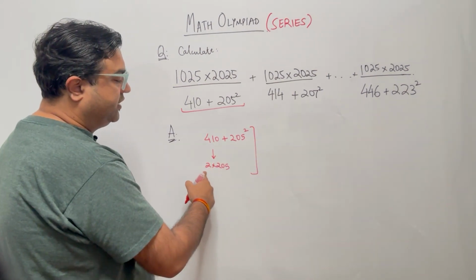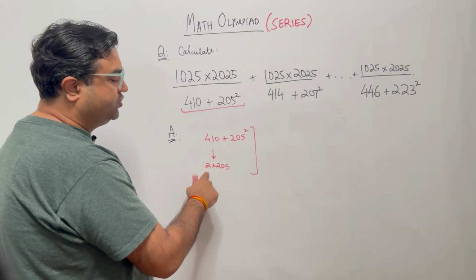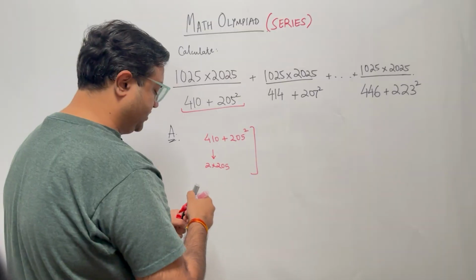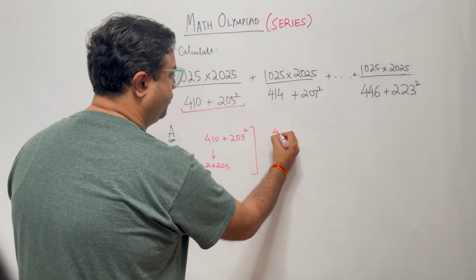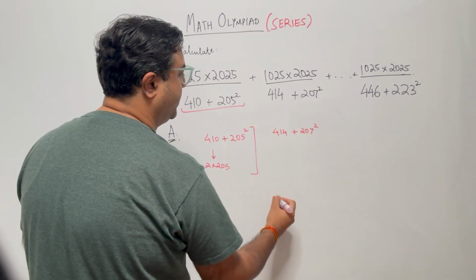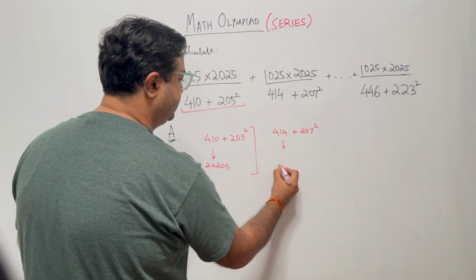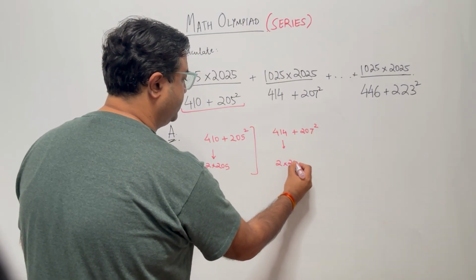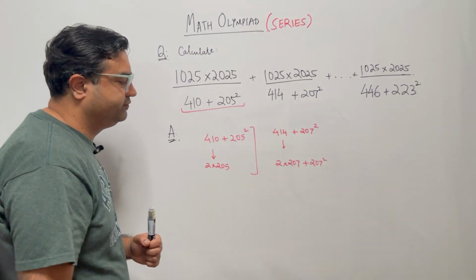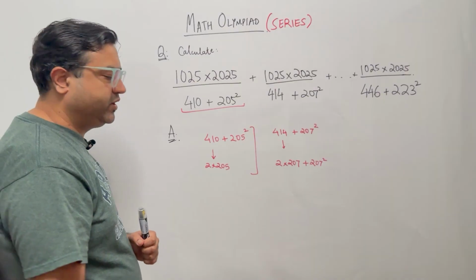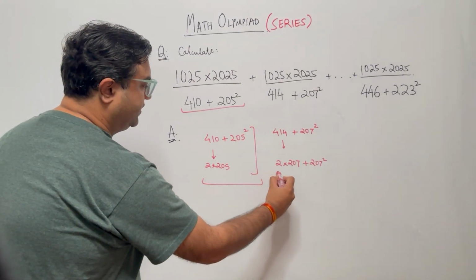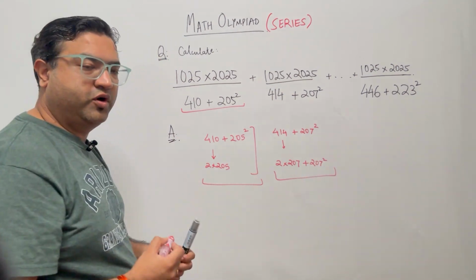So if this turns into 2 into 205, let's see how the next term will change. 414 plus 207 square. If we take 2 into 207 plus 207 square, then this is what we actually want.